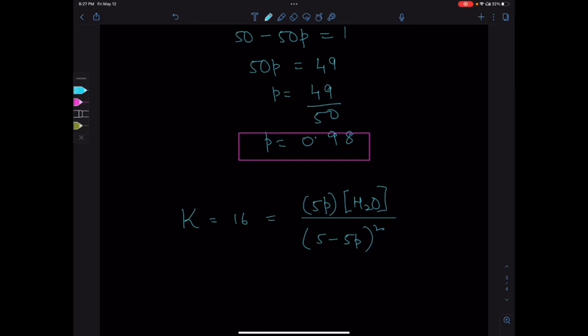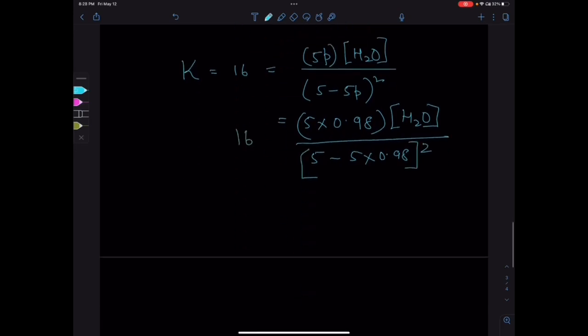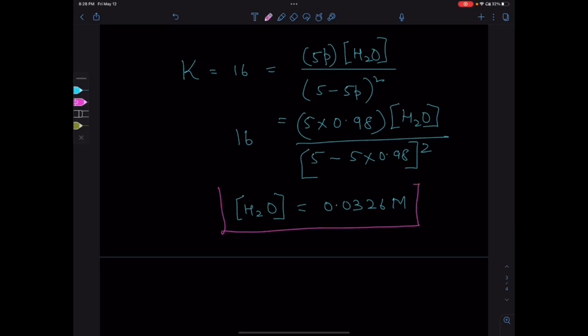Now p is 0.98, so we can plug that value in: 5 minus 5 times 0.98, that square. Solving for the concentration of water, we get 0.0326. So the concentration of water in an open driven system should be brought down to 0.0326 so that we can get a degree of polymerization of 50.